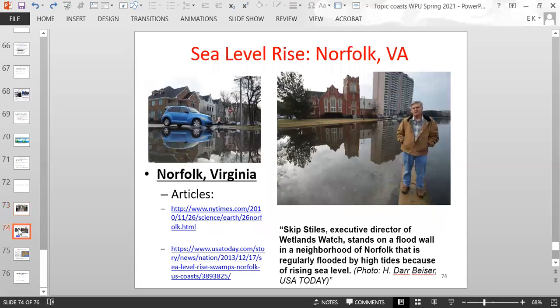Okay, Norfolk, Virginia has a significant problem with flooding. And part of the problem is related to sediment compaction. Some of the areas of Norfolk, Virginia are built on what used to be marshland.